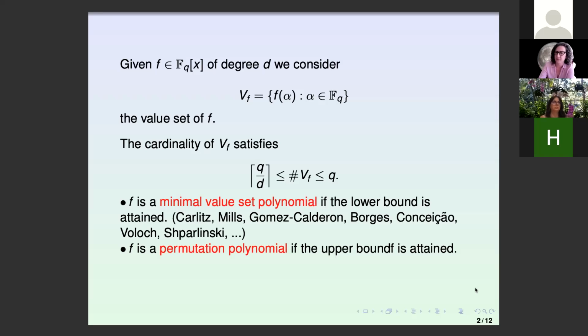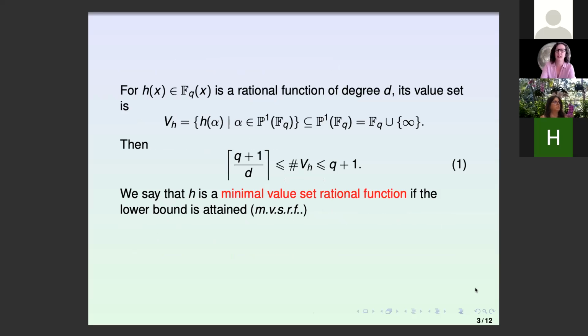So we have worked not with polynomials, but with rational functions. A rational function can have poles, so when you want to think about the value set of rational functions, you should include infinity. So we start with a rational function of degree d.